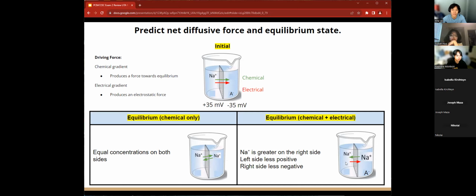Because it still exists, there's still an electrical force to the right, okay? And therefore, after the chemical gradient reaches equilibrium, the electrical force is still acting. So you're going to have more sodium on the right side of the beaker. And then once again, the right side is still negative. It's just slightly less negative, but the left side is slightly less positive, okay? And there will be a practice problem, I think, on this as well.